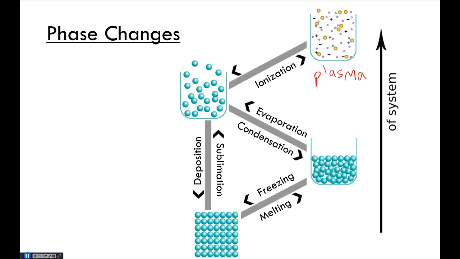The oxygen and nitrogen molecules in the immediate vicinity of the lightning will ionize. This is a very short-lived state in that case. Eventually, those positive and negative particles are going to join together, recombination occurs, and it will reform the gas. And as we go from a solid to a liquid to a gas, and ultimately to plasma, we see the energy of the system continuing to increase.